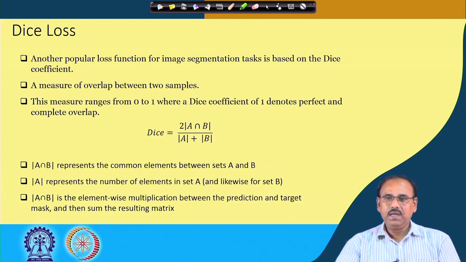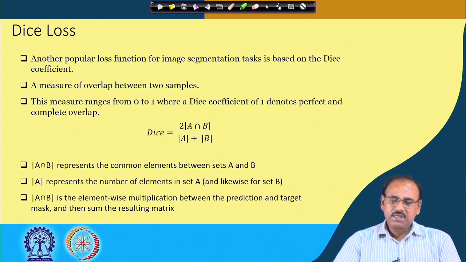If A and B overlap exactly, then I'll have the maximum cardinality of A intersection B. And if I compute the dice coefficient in that case, obviously if they overlap exactly, then the cardinality of A and the cardinality of B will be the same, and that will also be the same as the cardinality of A intersection B. So, the dice coefficient in that case will be equal to 1.